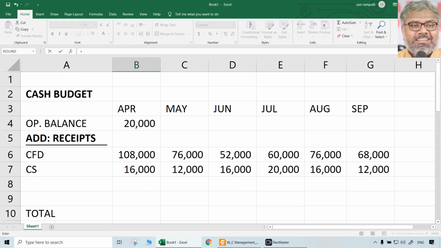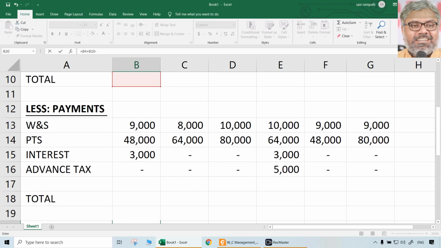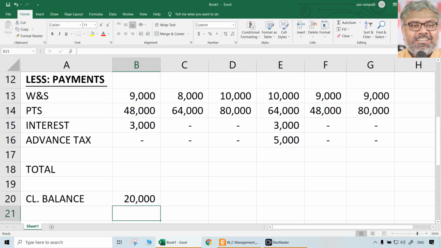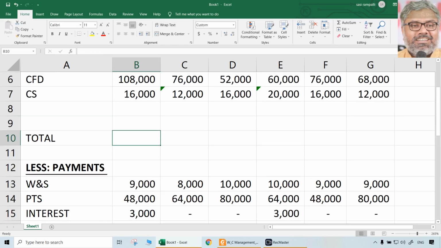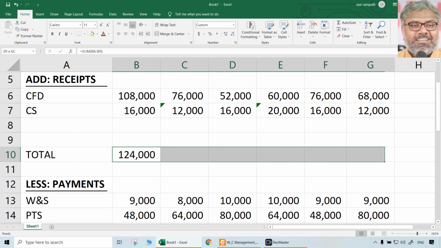Simple: opening balance plus total of receipts minus total of payments. That will give the closing balance. So let us take the total of receipts first, which you have to do manually, naturally. It will take time, no doubt, but you have to do it on paper.